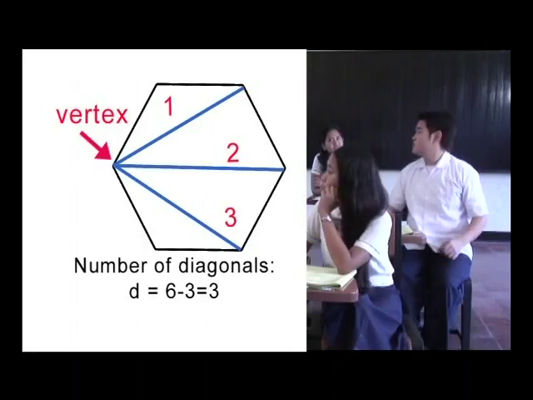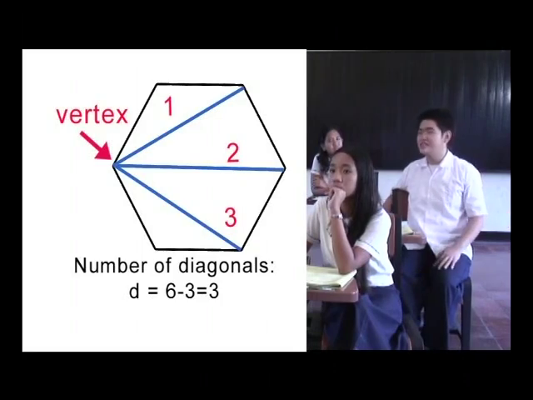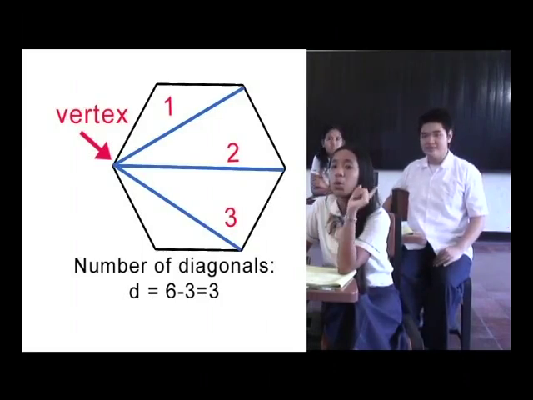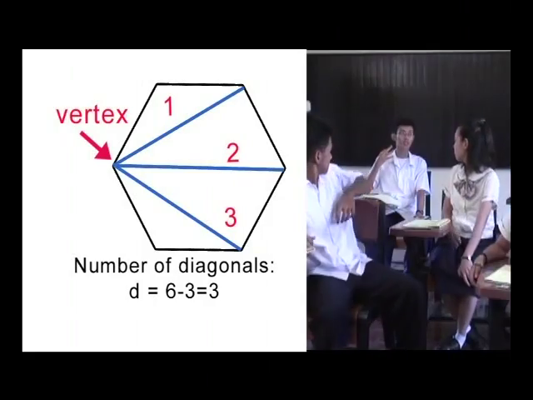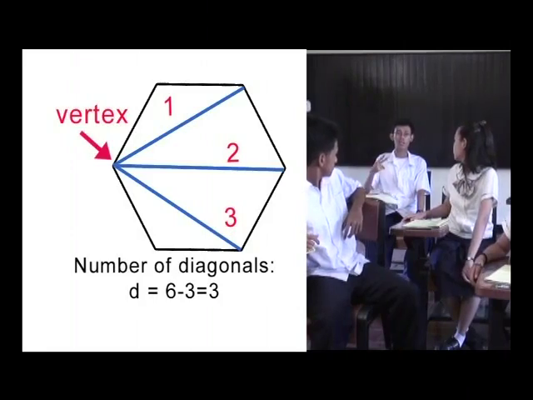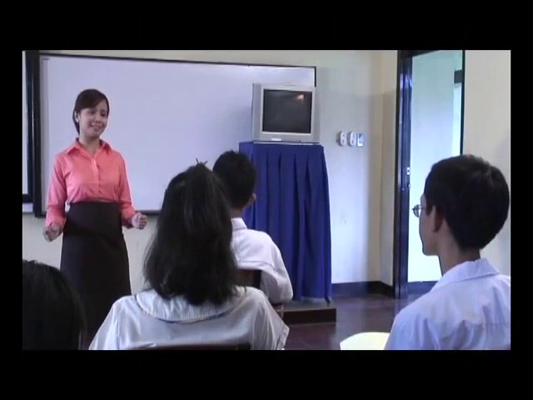Since the diagonal joins 2 non-adjacent vertices, we cannot choose the 2 vertices adjacent to the given vertex. We also cannot choose the given vertex, since a diagonal cannot connect a vertex to itself. That means that 3 vertices cannot be chosen as the second endpoint. So that's why only n minus 3 diagonals can be drawn. You're all good, and I'm so glad you're learning fast.